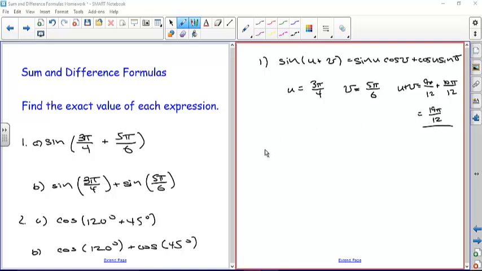So we don't have that on a unit circle. But we know the sine of 3 pi over 4, and the cosine of 3 pi over 4, and the sine of 5 pi over 6, and the cosine of 5 pi over 6. Now I'm not going to use my unit circle, I'm just going to show you how to think about this.